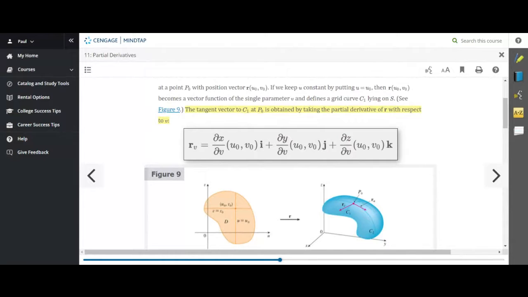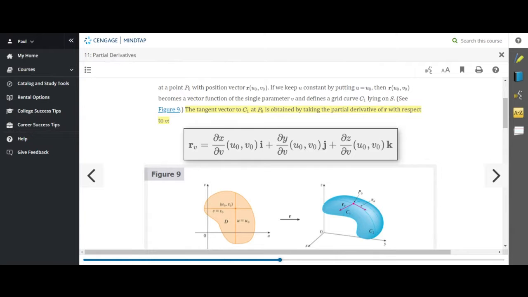The tangent vector to the curve C1 at the point P sub 0 is obtained by taking the partial derivative vector of R with respect to V. Because that C1 curve is found by letting u be a constant, so that traces out the space curve C1.